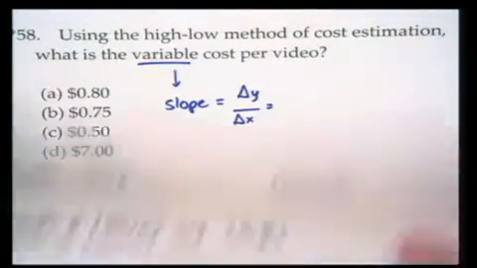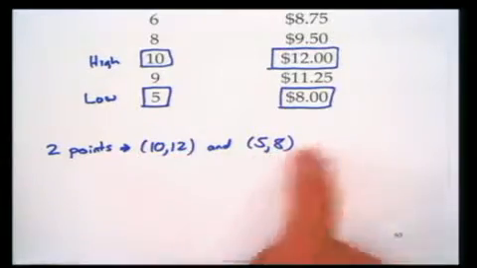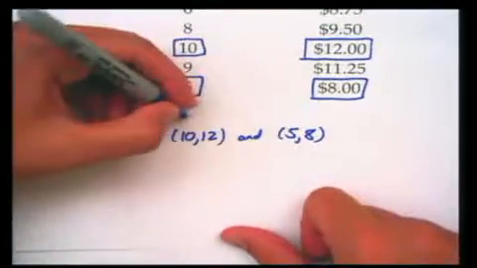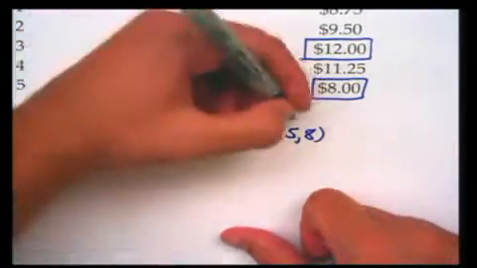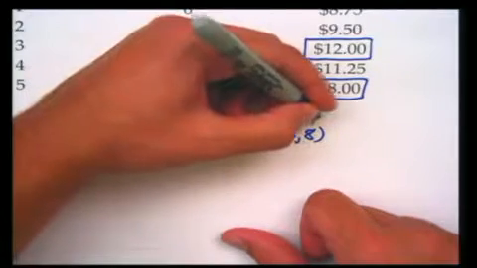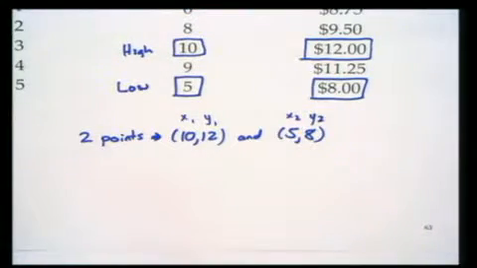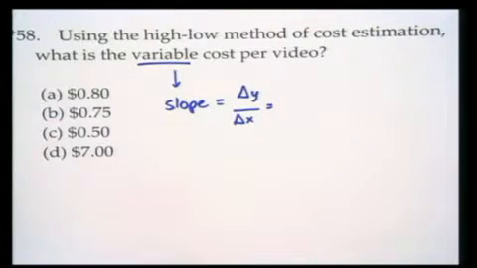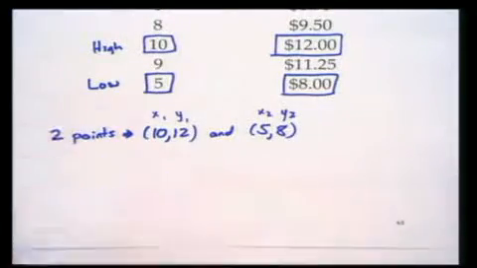Now we figured out our 2 points are 10, 12, and 5, 8. So I guess we can call this x1, y1 if you wish, and this is x2, y2 once again, if you wish, which you should wish. Keeping up with this, our change in y is going to be the difference between these 2 points. Of course, it doesn't matter which way you do it.